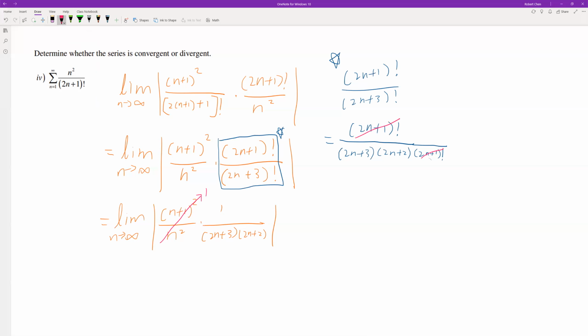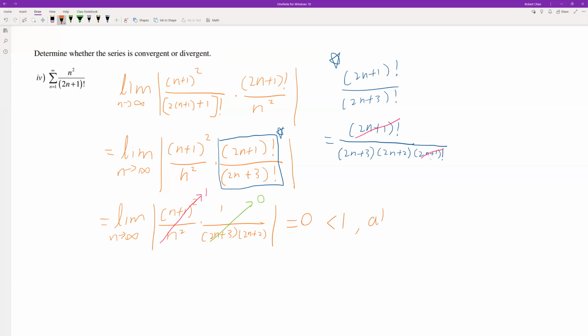And the second rational expression, that's the part that's going to give us 0, because we have a bunch of terms in the denominator, and that whole thing is going to go to 0, meaning our limit is going to go to 0, which is less than 1.